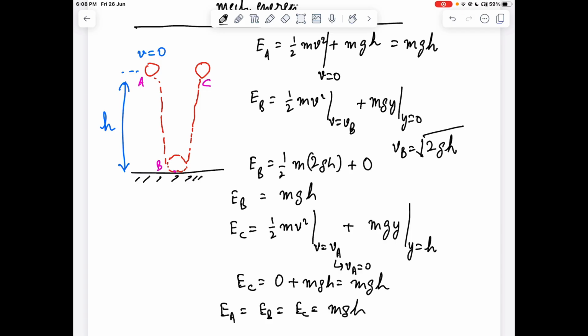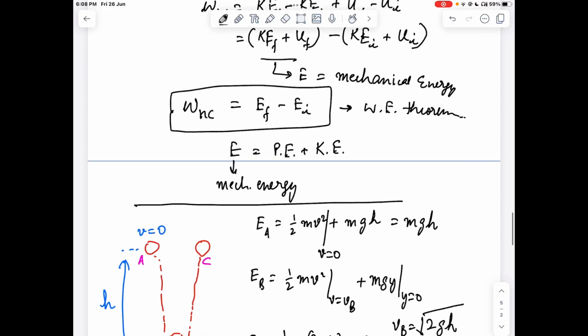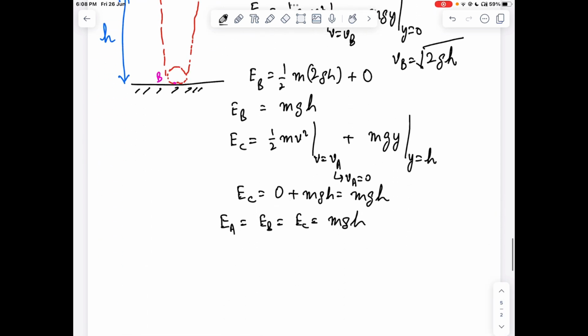So when we look at the third form of the work energy theorem, what this tells us is that there's no non-conservative force acting on it. The third form says W_NC, the work of the non-conservative force, is equal to delta E, right?